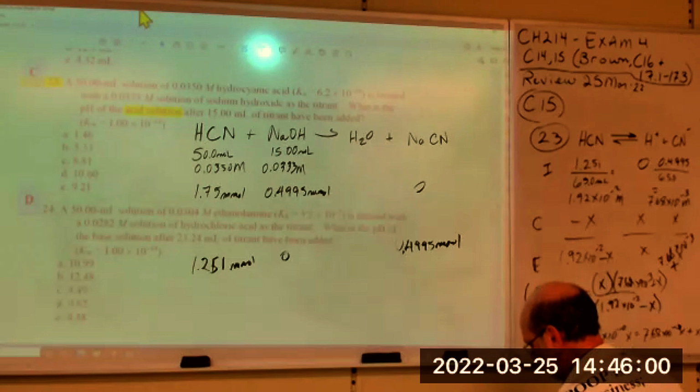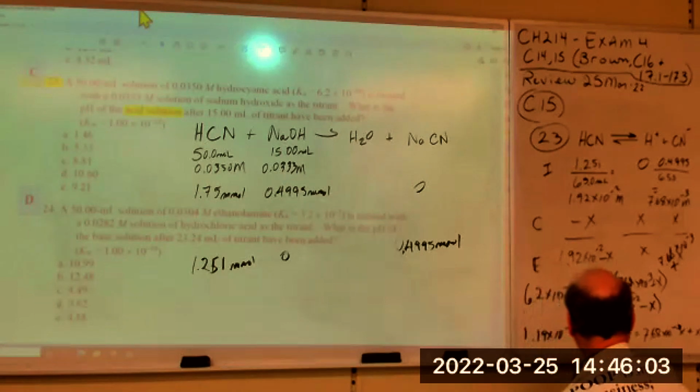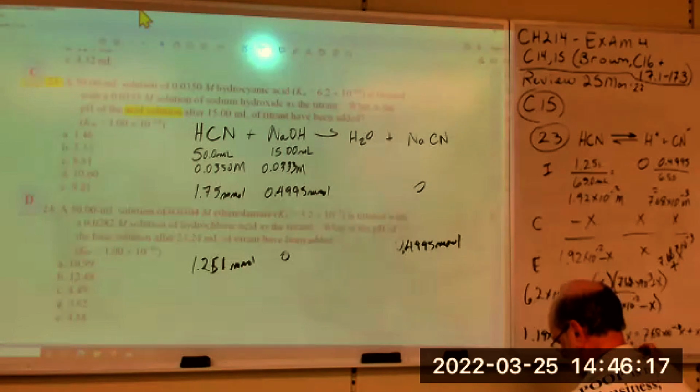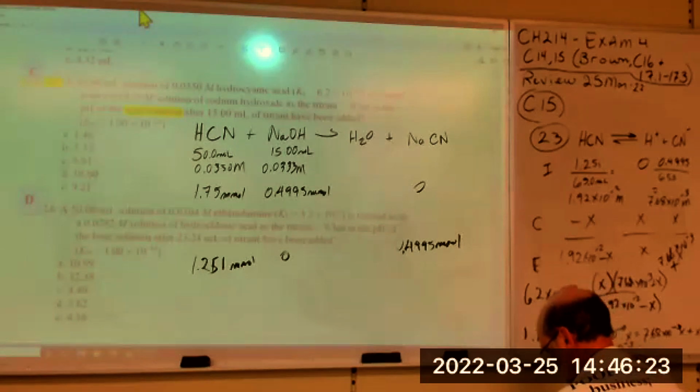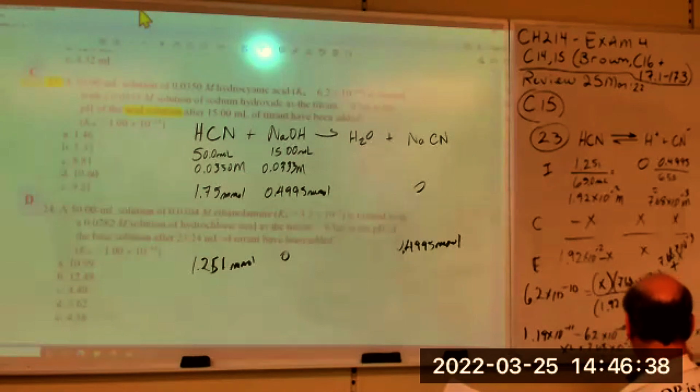I did a quadratic on this. So you end up with x squared plus 7.68 times 10 to the minus 3 and two x's there. I wonder if that's right, because I need to bring this x over here to this one, makes them both negative.